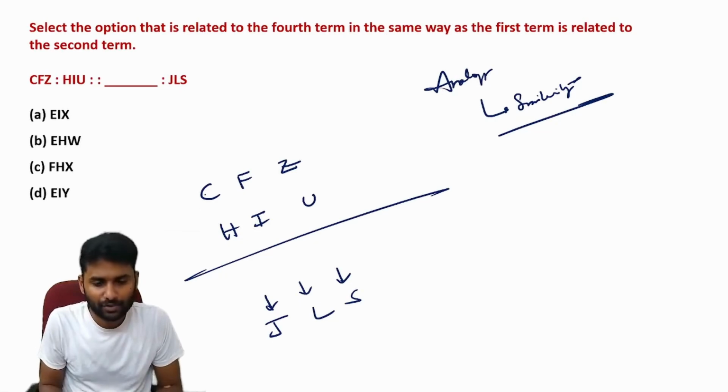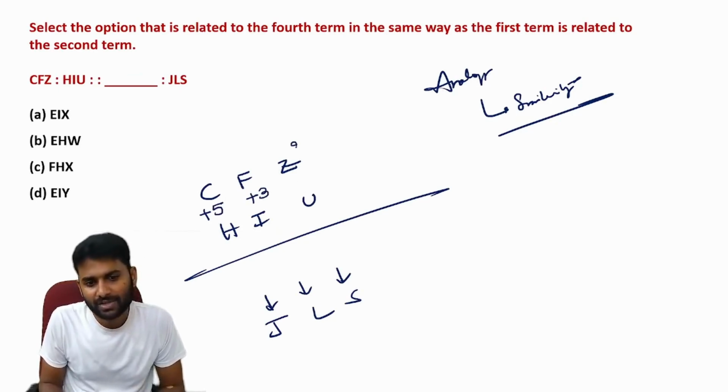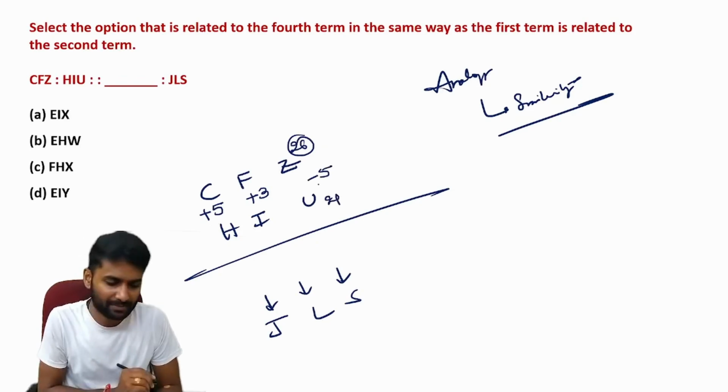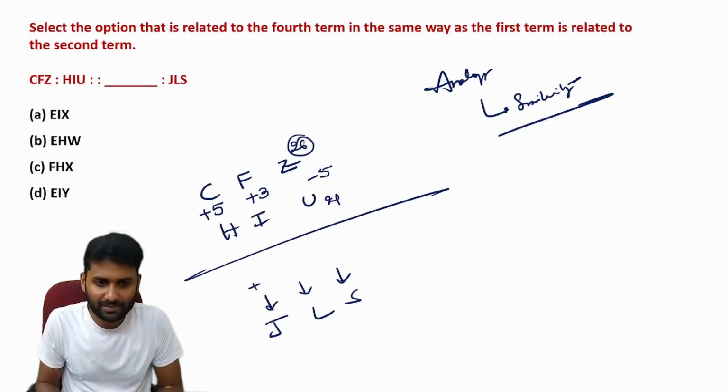Now see, you know that here the difference between C and H is plus 5. F to I is plus 3. Z to U: again you have to subtract, right? Z is the 26th letter, U is the 21st letter. Then you have to subtract 5. Let's use the same relation.